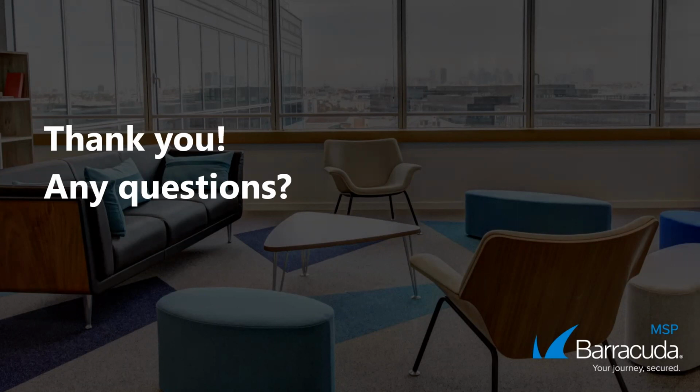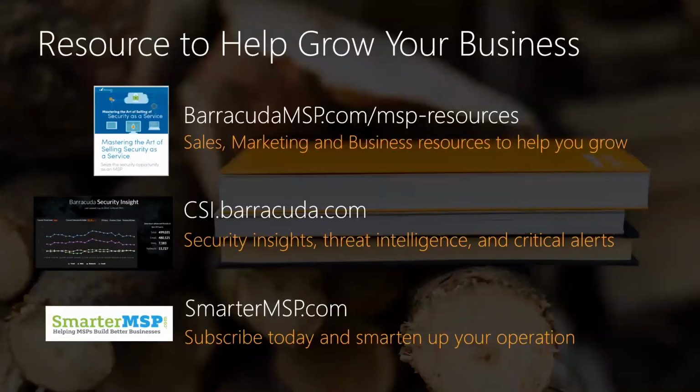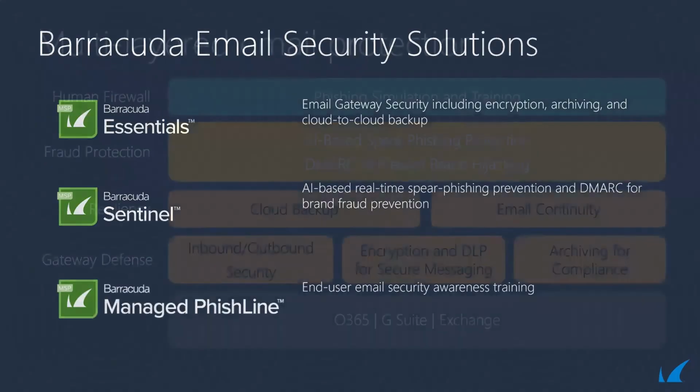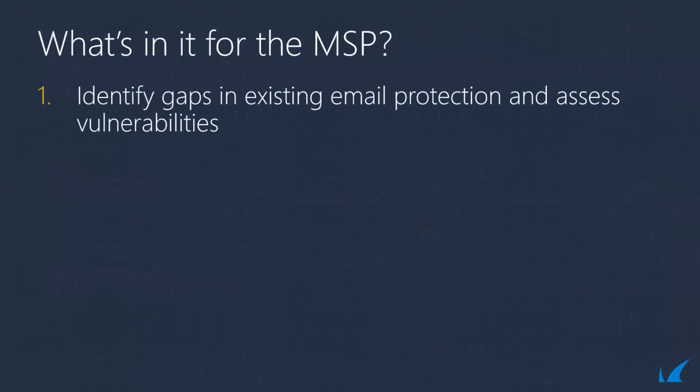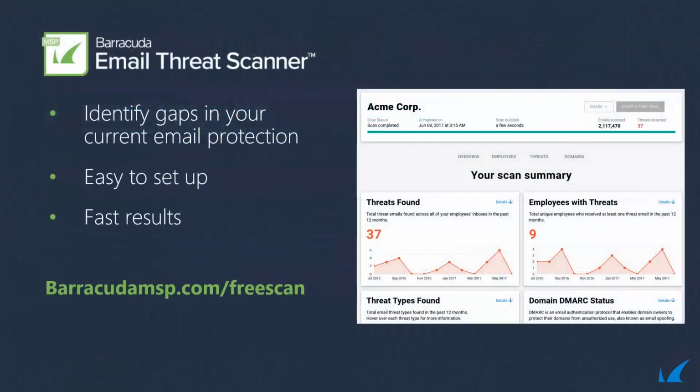And a couple of the audience want to see the email threat scanner link again. Can you just bring it back up? Yeah, no problem. Let me just backtrack there. There we go. So it's barracudamsp.com/freescan. And it's at no risk to you, obviously.